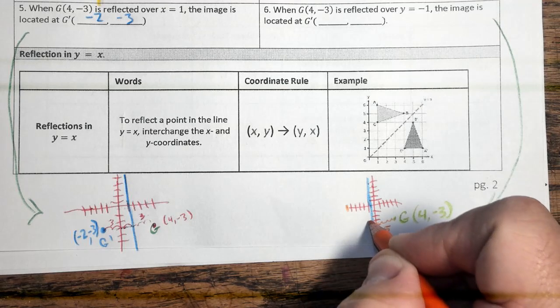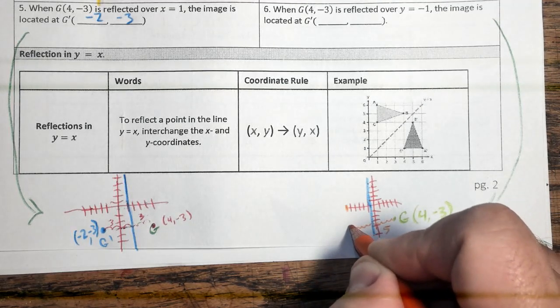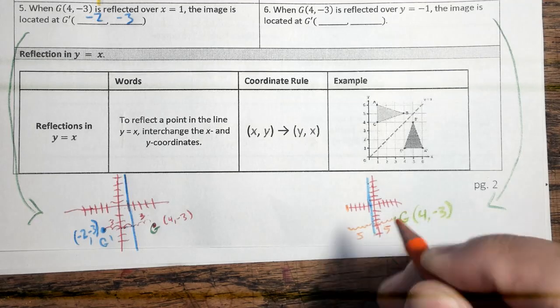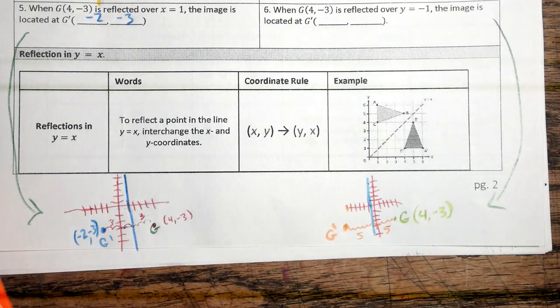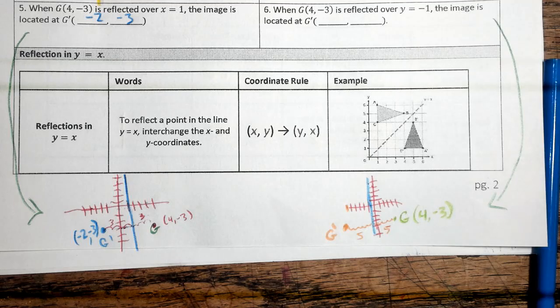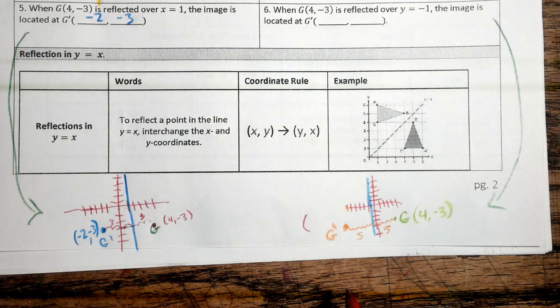As a math teacher, you know. 1, 2, 3, 4, 5. So our G prime, write this in a red. So notice this is still, did I mess that up? I did mess that up.